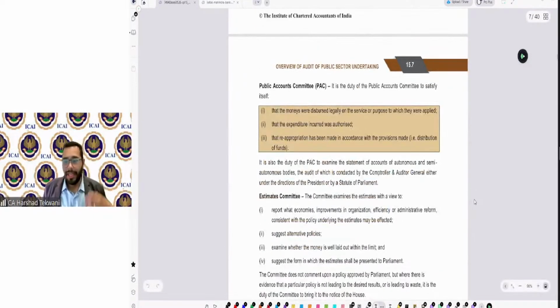And when I talk about them being laid before the parliament, I'll show you examples of those audit reports, how these audit reports look. We will then, not now, but in some time in today's lecture only, discuss those audit reports in detail because these are various different audit reports.